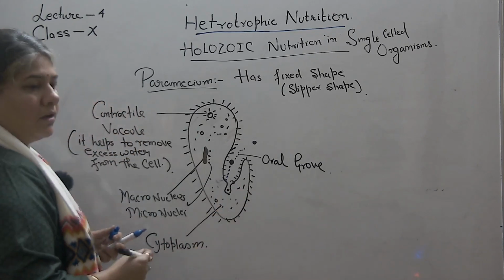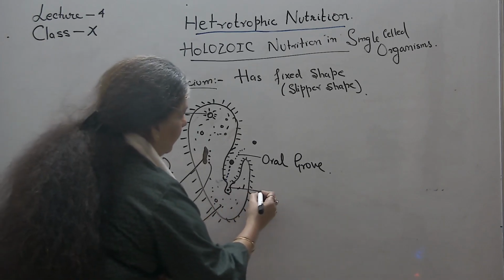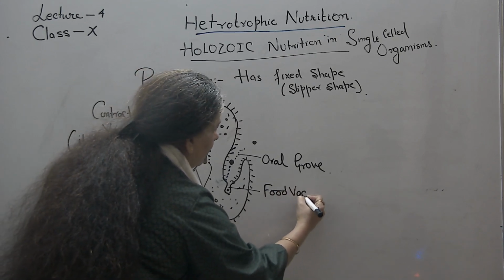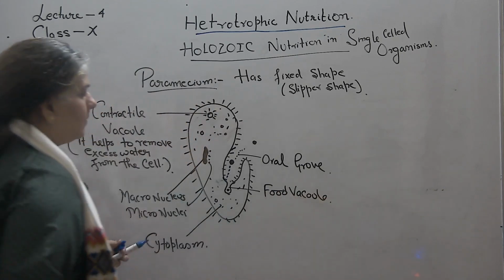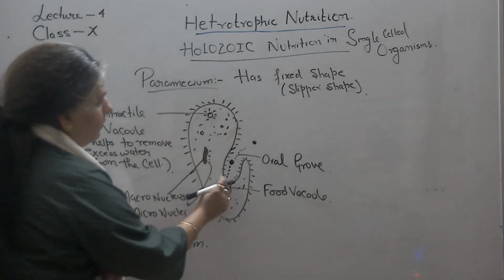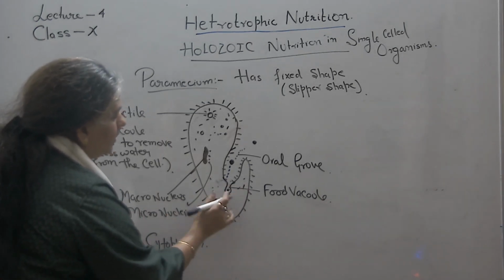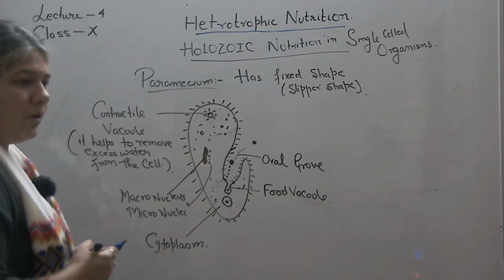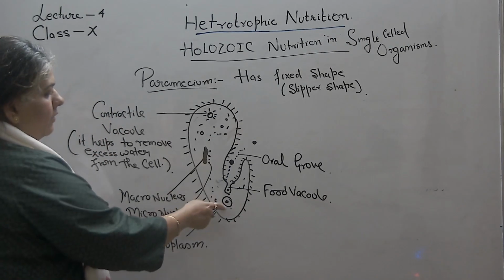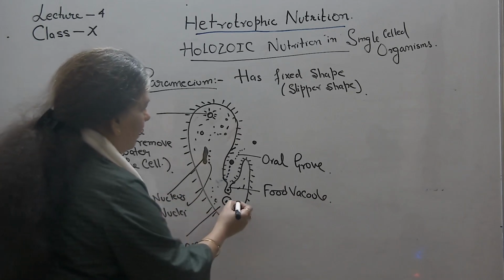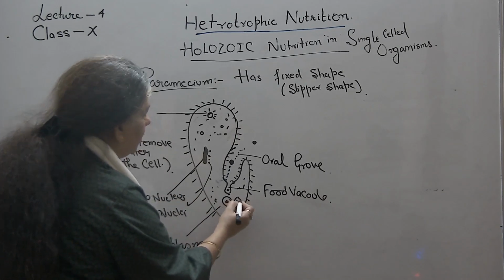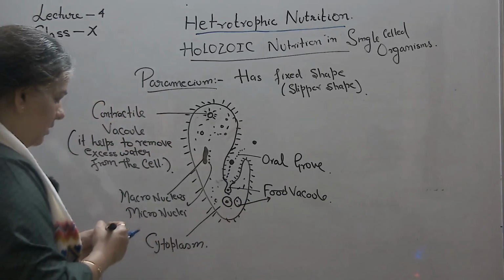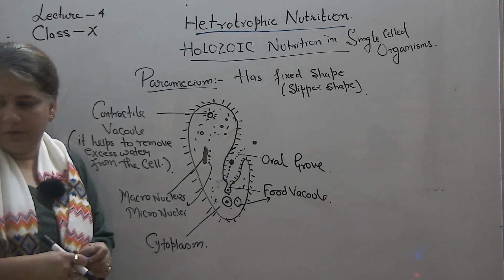This becomes the food vacuole. This food vacuole will be pinched off and form a large food vacuole where digestion will take place, and many smaller food vacuoles are also formed. So these are all food vacuoles. So this is the structure of paramecium.